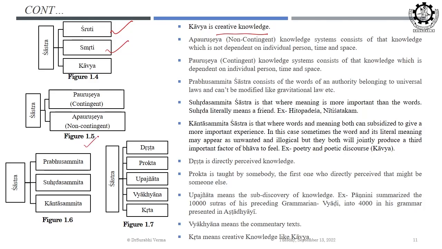Next, in figure 1.5, we have the classification of Shastra into Paurusheya and Aparusheya. Now, what is Aparusheya? It is understood as non-contingent. Non-contingent knowledge consists of that knowledge which is not dependent on an individual person, time and space. So, if something cannot be published under the head of copyright material of Dr. Surabhi Verma, that means it is non-contingent, because it is relevant all the time.